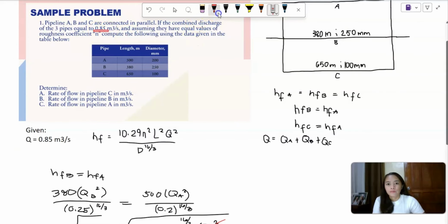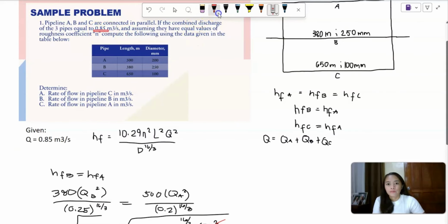So 0.85 equals Q sub A plus the value of Q sub B here, 2.079 Q sub A, plus the value of Q sub C, which is 0.1381 Q sub A. So now we can get the value of Q sub A. Shift solve in the calculator.